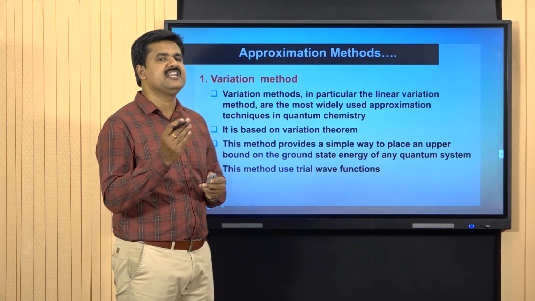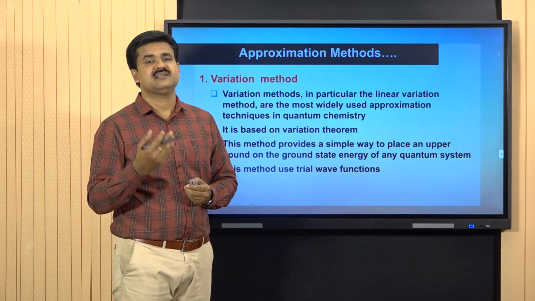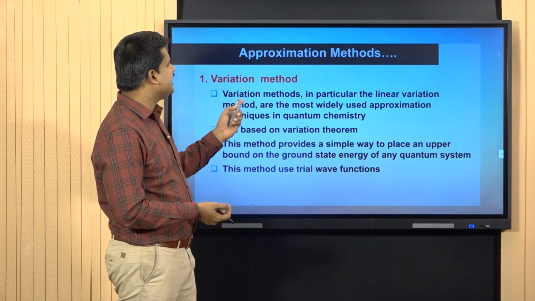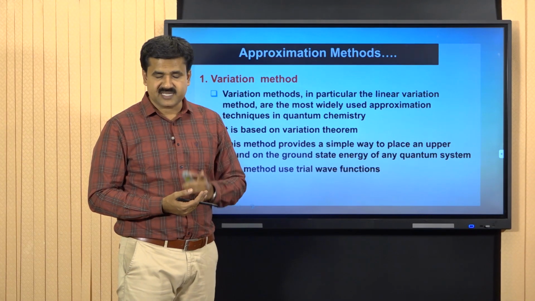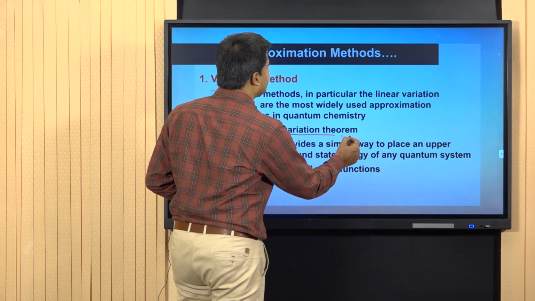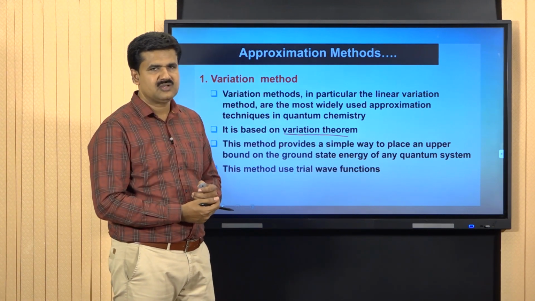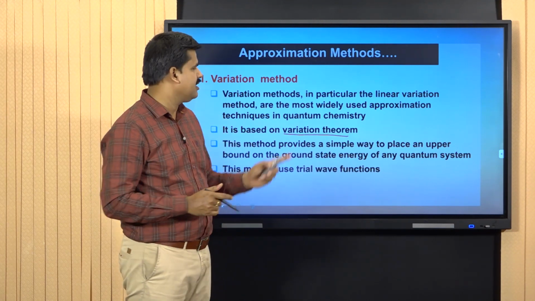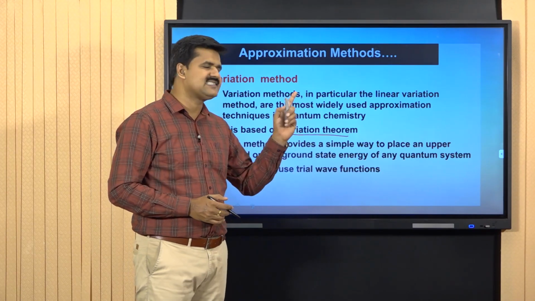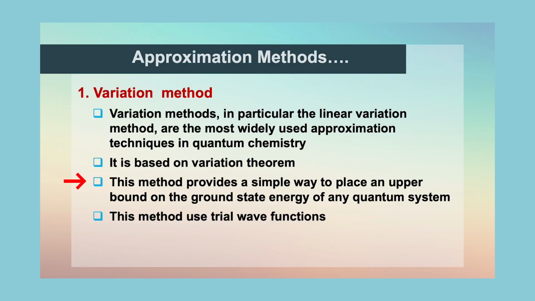So, the first approximation method, that is the variation method. All these points are very important as far as the variation method is concerned. Variation methods, in particular the linear variation method, are the most widely used approximation methods in quantum chemistry. It is based on a theorem called the variation theorem. This variation method provides a simple way to place an upper bound on the ground state energy of any quantum system.